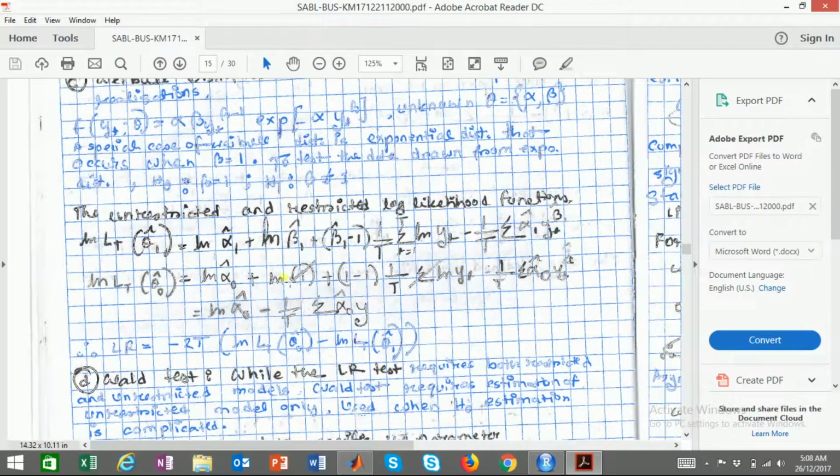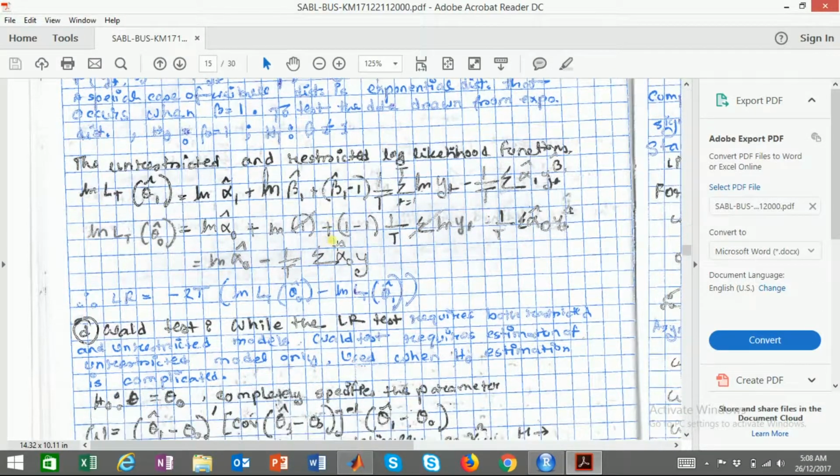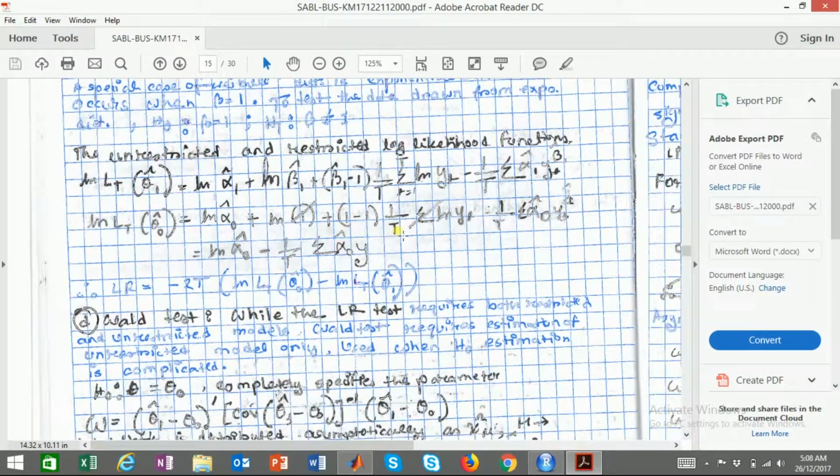Putting in the values, in the restricted case we do not use the parameter beta. We remain with log alpha naught plus 1 by t summation of alpha naught yt. So there is no beta. This is the restricted compared to the unrestricted. Taking the two differences gives the log likelihood ratio test.